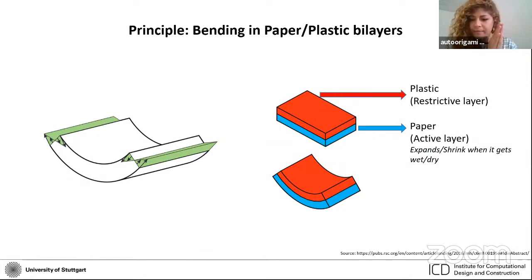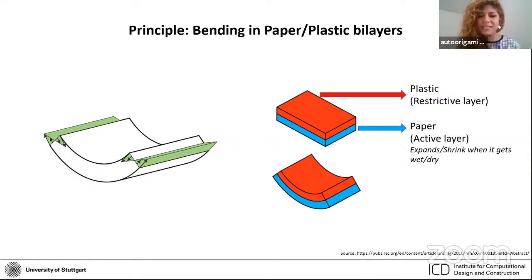One of these layers has the capacity to expand or shrink volumetrically; we call it the active layer. The other layer does not change shape, does not expand or shrink. When we have these two layers bonded together and expose them to a stimulus, in the case of paper, moisture, the paper wants to expand and shrink, the plastic wants to keep its shape, and because this expansion is constrained by the plastic, the overall structure bends.